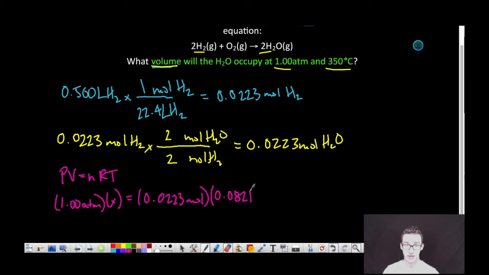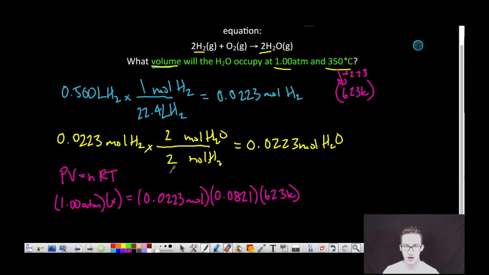Again, I'm going to be super lazy here and leave out my units for my gas constant, but note that all of them but the volume unit will cancel out. And then my temperature in Kelvin, be careful here, in Kelvin is 623. So 623 Kelvin. And again, remember, we get that by adding 273 to our Celsius temperature.